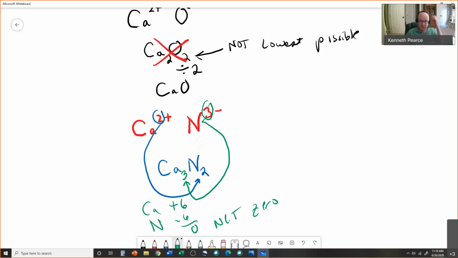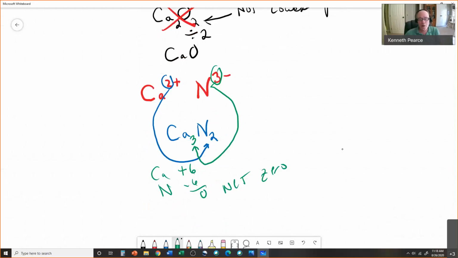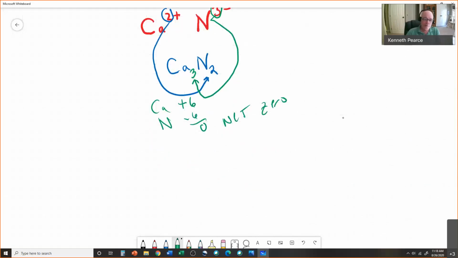Now, it turns out that we have these things called polyatomic ions, and they look like this. We're going to get into naming in just a little bit, but I'm just going to show you how to deal with those. A polyatomic ion could be a sulfate.